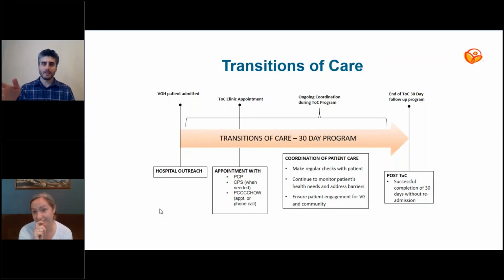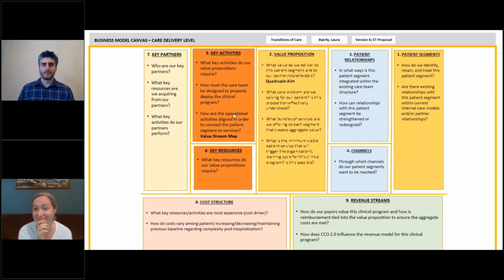So if you go to the next slide, you're going to see how we use this business model canvas in order to figure out what this care step can look like moving forward. Again, we use this business model canvas to help us transition from a grant-funded program into something that is now part of our core business model.